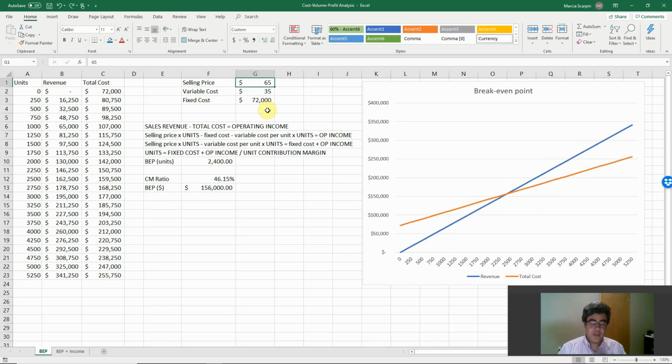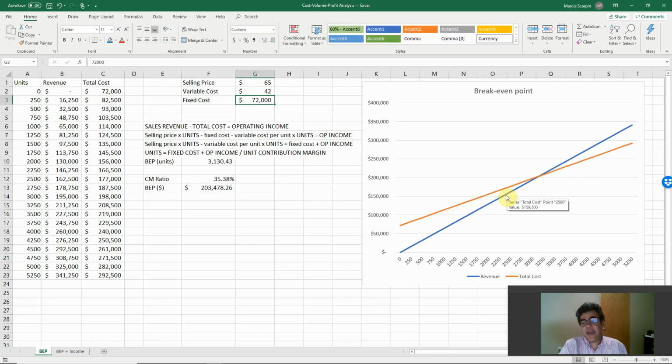What if our variable cost changes? Instead of 35, it is 42. What happened with our break-even point and with our total cost line? Starting at the same point here, however, the break-even point goes up.